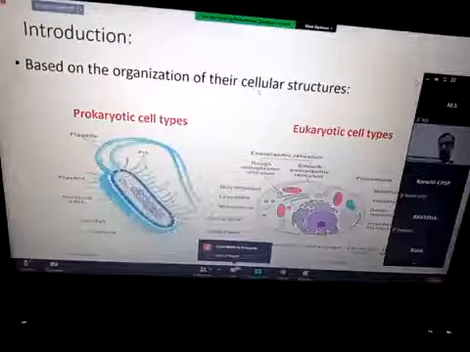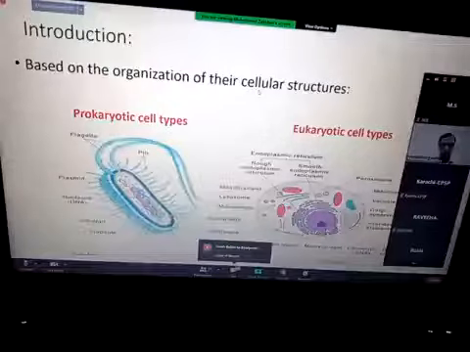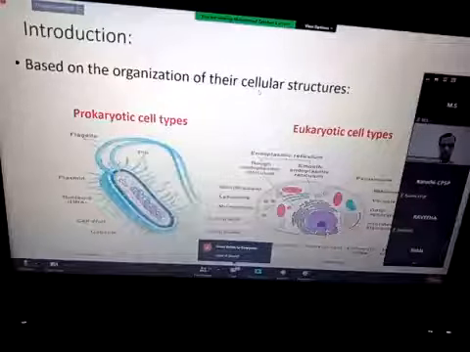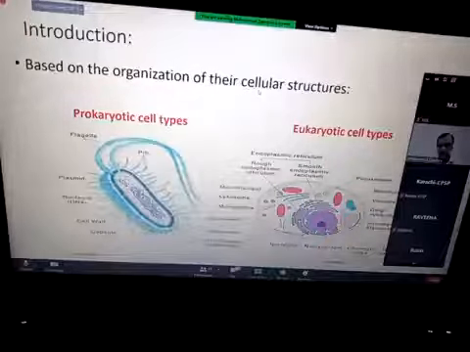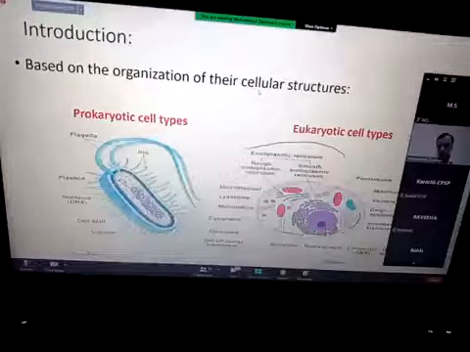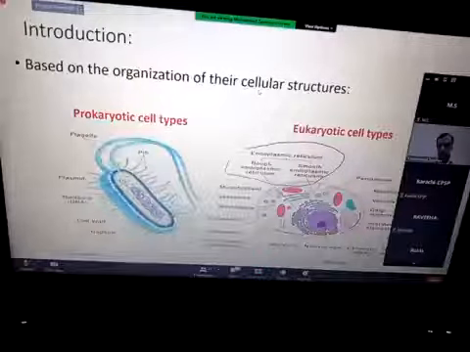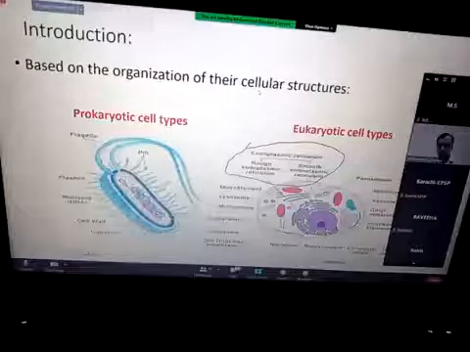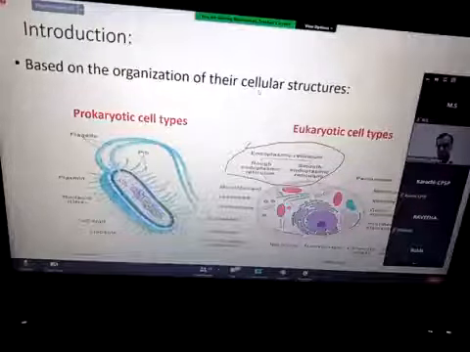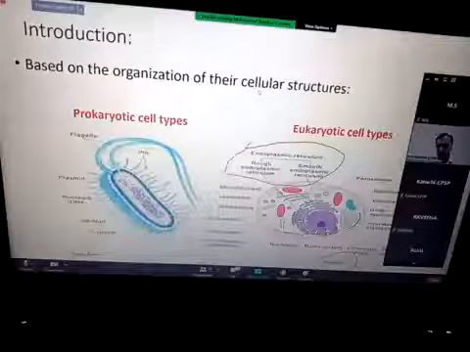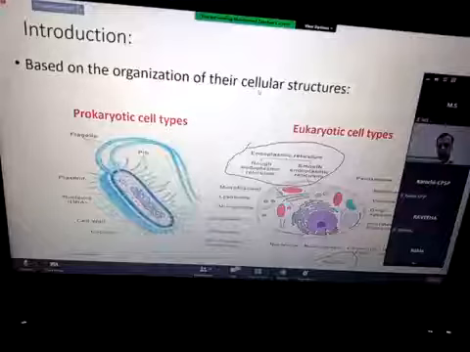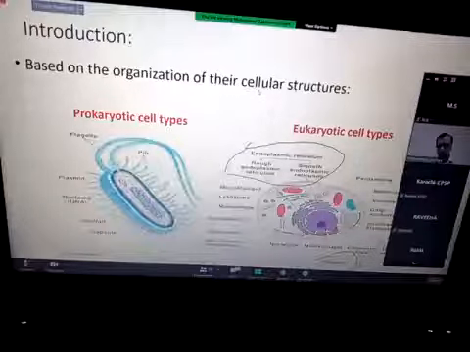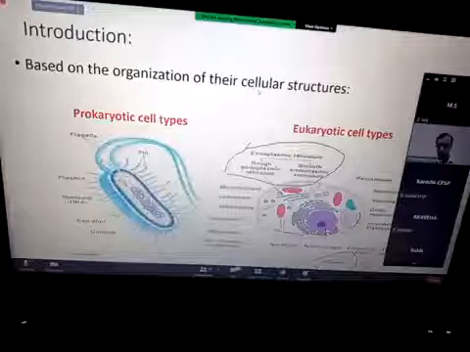And this is the eukaryotic cell. You can see here that these are the structures which are more developed in eukaryotic cells, like the endoplasmic reticulum, and the nucleus is more complex, more organized, more structured. So the ribosomes and the endoplasmic reticulum, it has more structures.